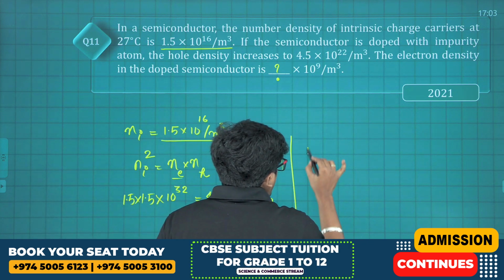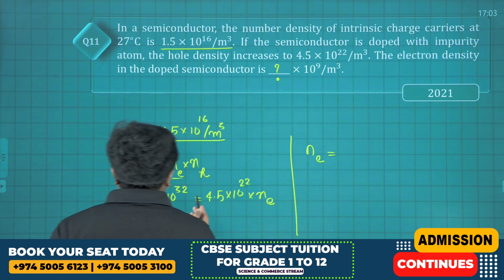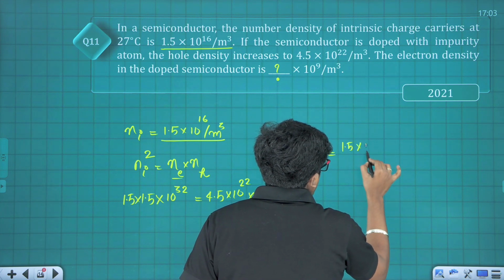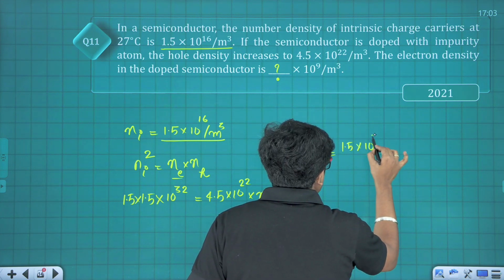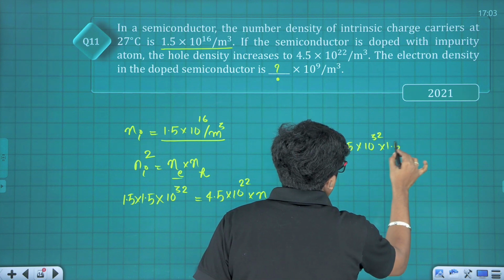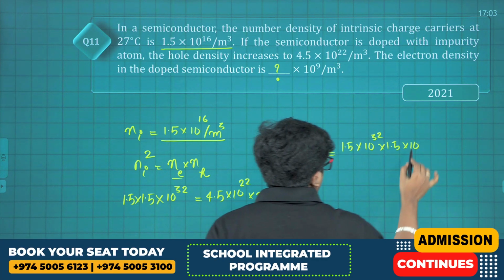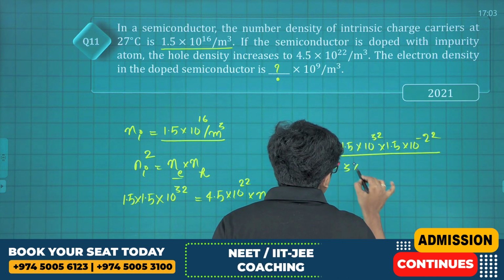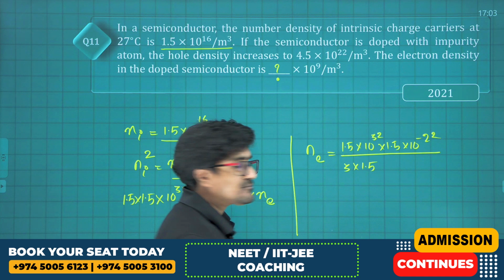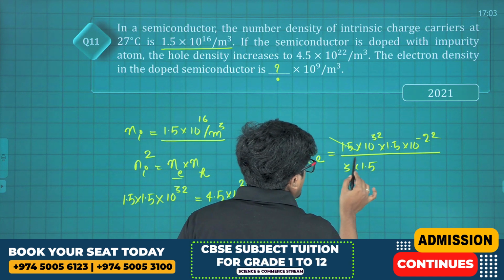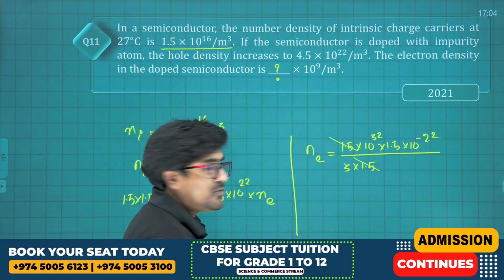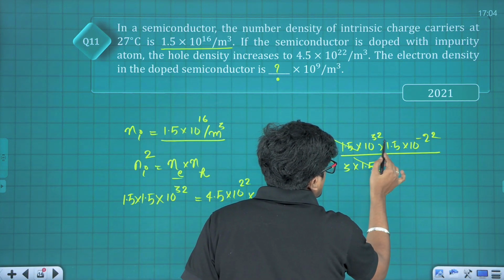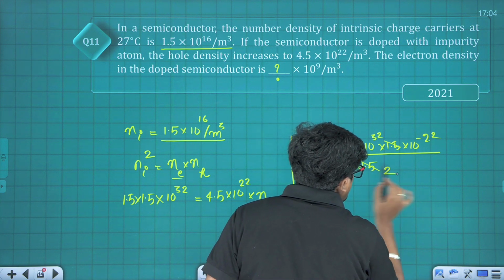So here Ne is now going to be 1.5 into 10 to power 32 into 1.5 into 10 to power minus 22, all divided by 4.5, which can be written as 3 into 1.5. This 1.5 and this 1.5 are going to cancel, which leaves 2 here.